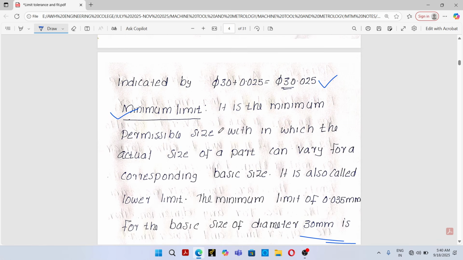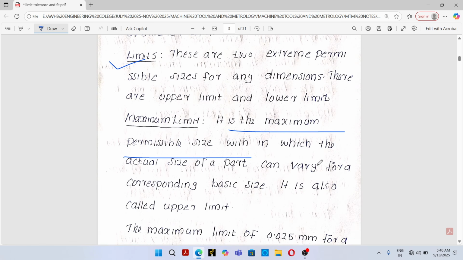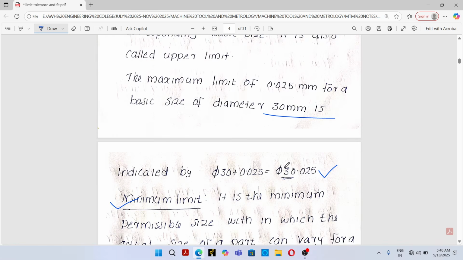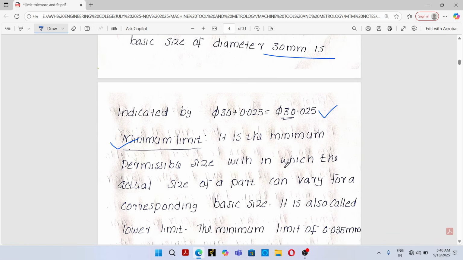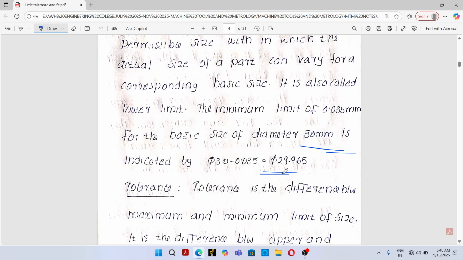Minimum limit is a minimum permissible size within which the actual size of a part can vary for a corresponding basic size. Maximum limit is also known as upper limit, and minimum limit is known as lower limit.